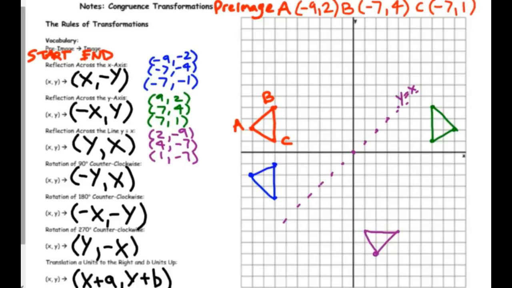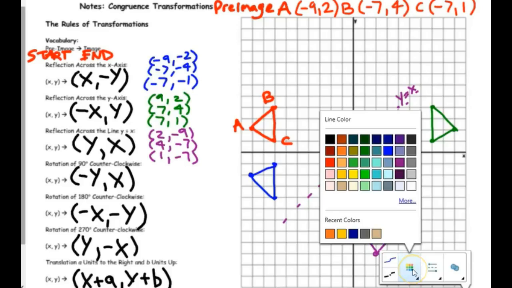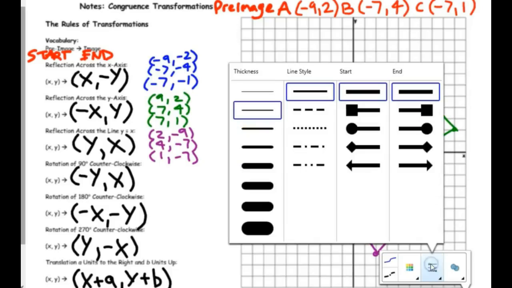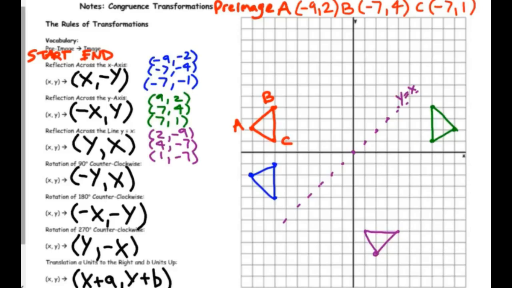Okay? So the next 3, we're going to do some rotations. So let me grab a new color here. Go orange. All right. So this is where it gets a little bit more complicated. You got 2 things to do for each of these, right?